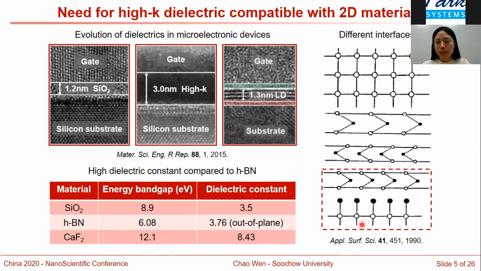More importantly, the calcium fluoride 111 surface is terminated by fluorine atoms, so it is chemically inert. The inert nature of the calcium fluoride 111 surface can ensure a heteroepitaxy growth of two-dimensional material on top of 3D calcium fluoride bulk crystal.